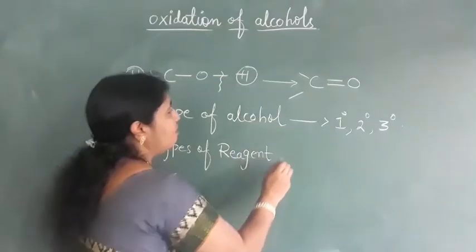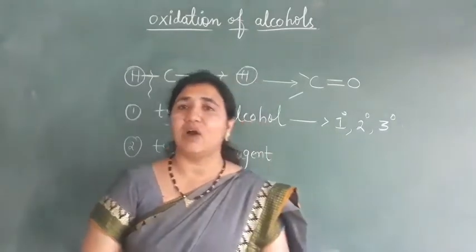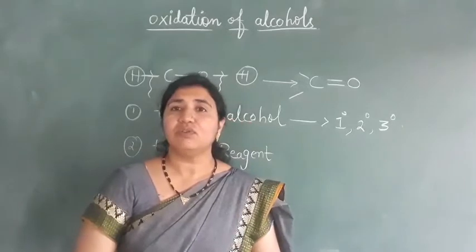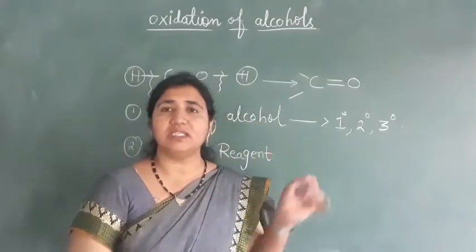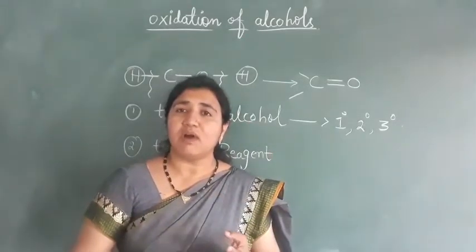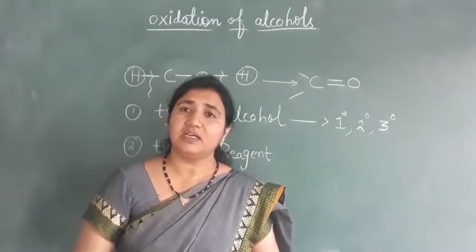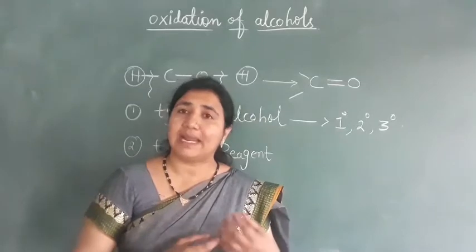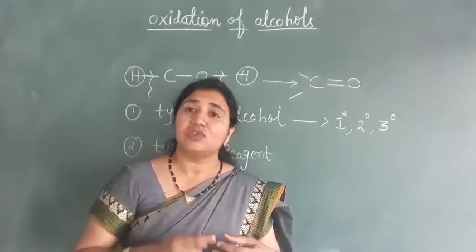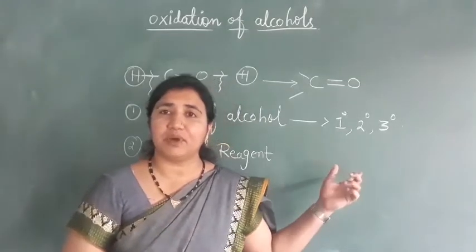For this oxidation we need an oxidizing agent. It depends on what type of oxidizing agent we are using, either a strong oxidizing agent or a mild oxidizing agent. According to that we will get the product here.